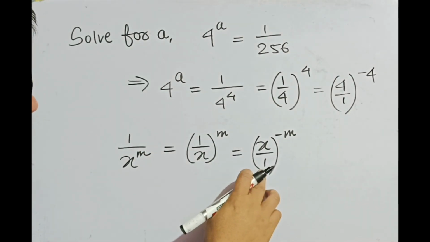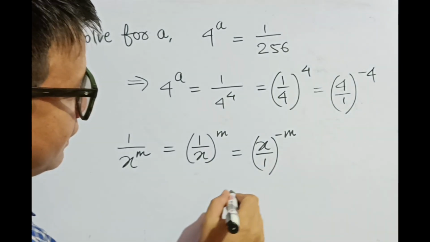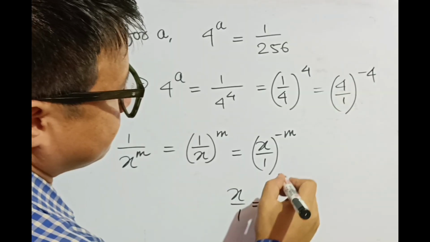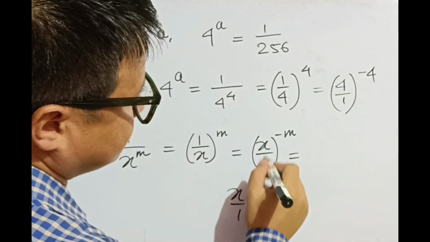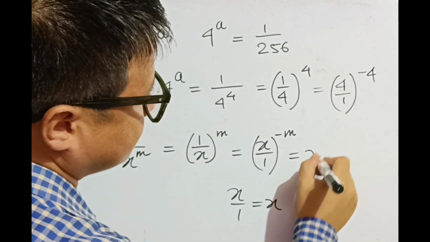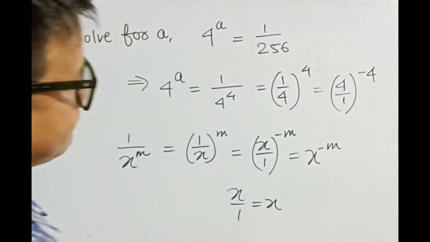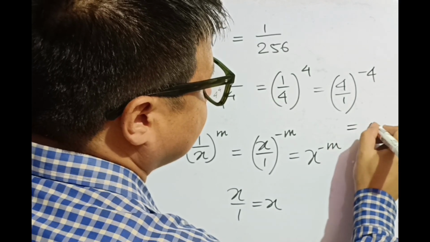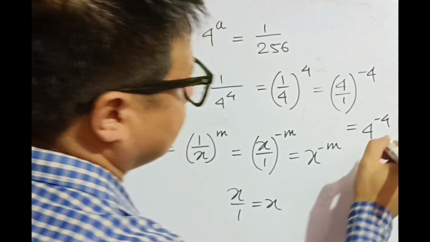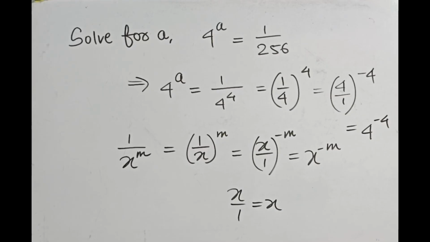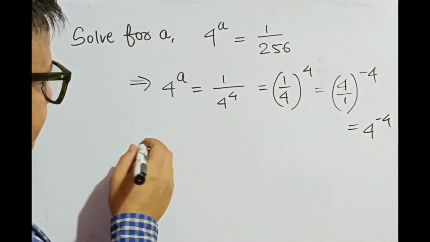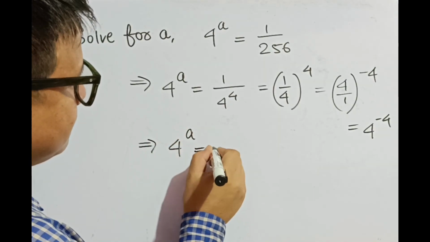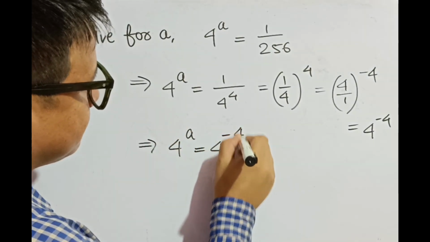Here x upon 1 is equal to x, so this is equal to x raised to the power minus m. And here also 4 upon 1 whole raised to the power minus 4 is equal to 4 raised to the power minus 4. Now this is equal to this, that means 4 raised to the power a is equal to 4 raised to the power minus 4.